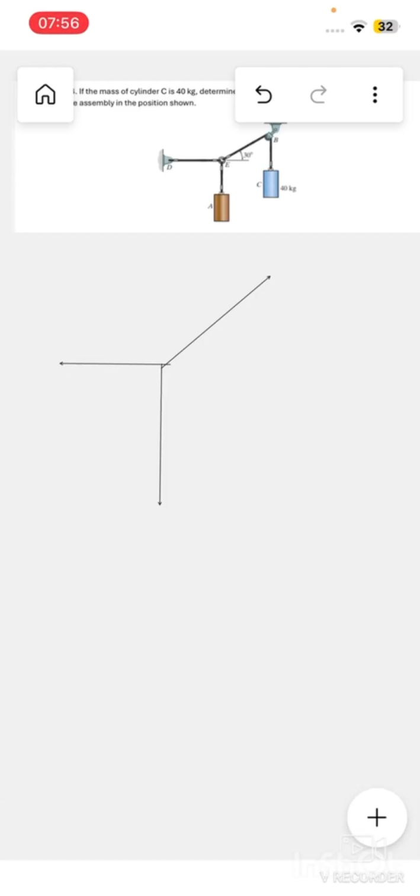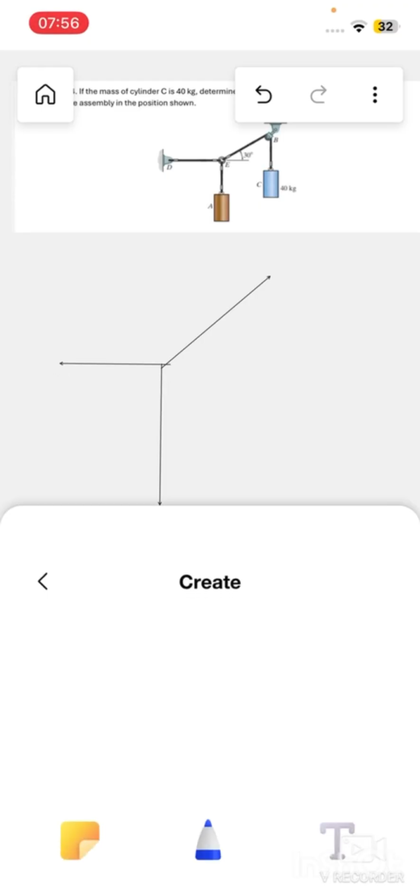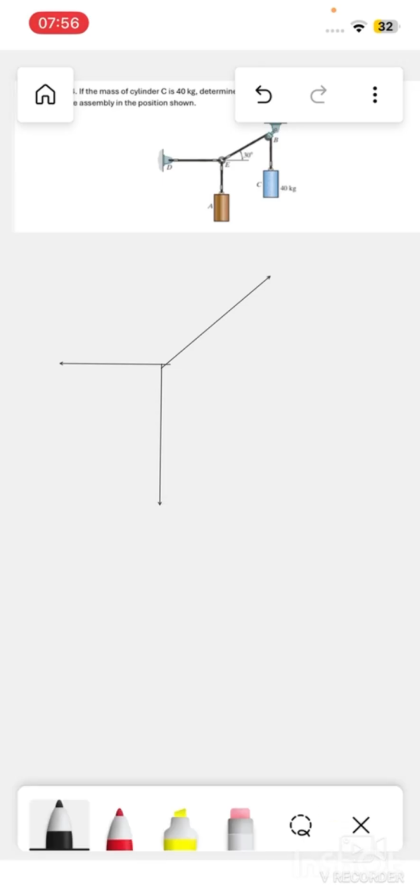Okay, I think it's fine like this. Right now we can name our forces. Here we have TEB. Here we have TEA. And here we have TED. Okay, this is for body A.